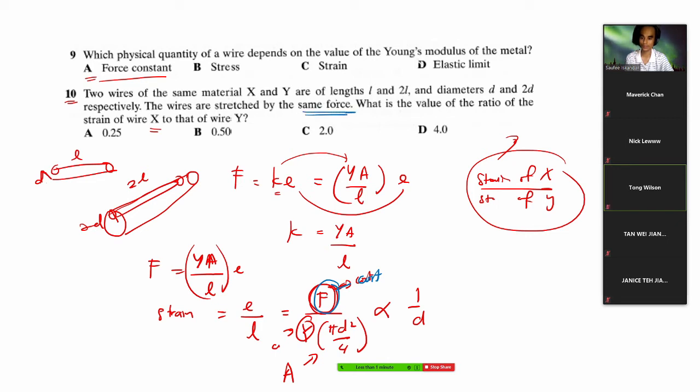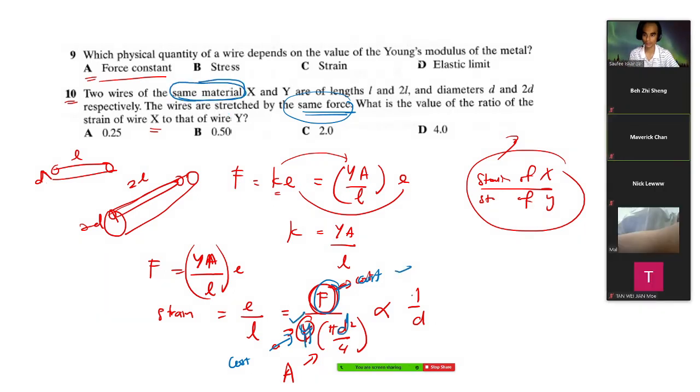Same force, so F is constant. The Young modulus is also constant. Why? Because it says the same material. So the thing that changed is D. So strain is inversely proportional to d.